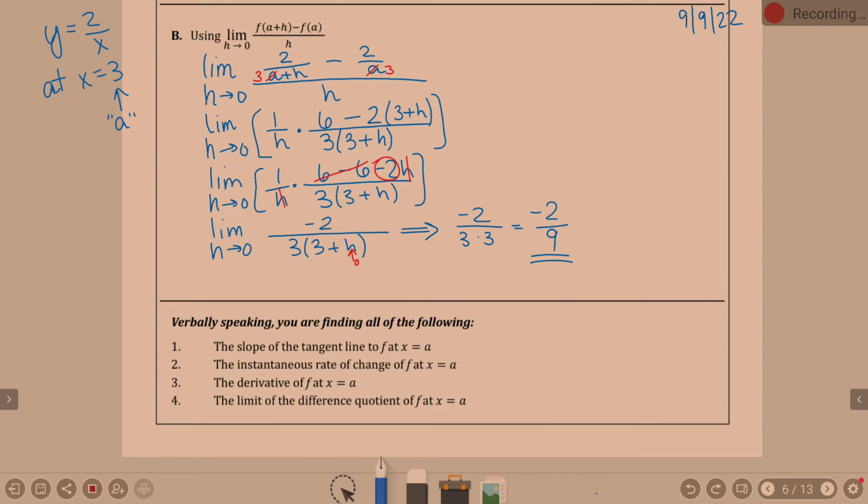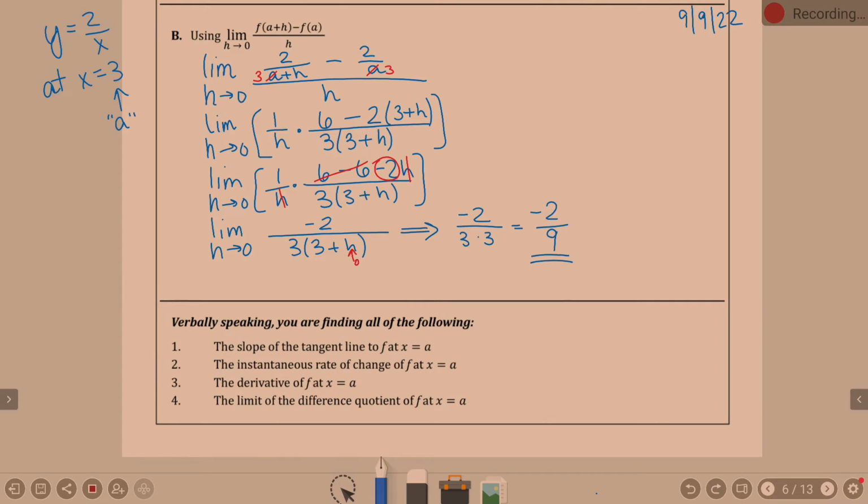So the function y equals 2 over x is always going to have a specific derivative, which we'll talk about later, but at point 3, it's always the same. It's -2/9. So on that curve, the slope when x equals 3 is -2/9. The slope of the tangent line, that is. Does that answer the question?